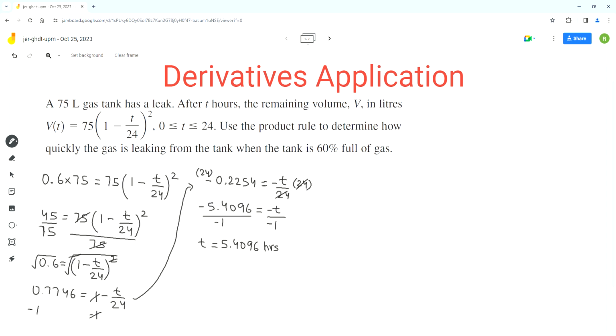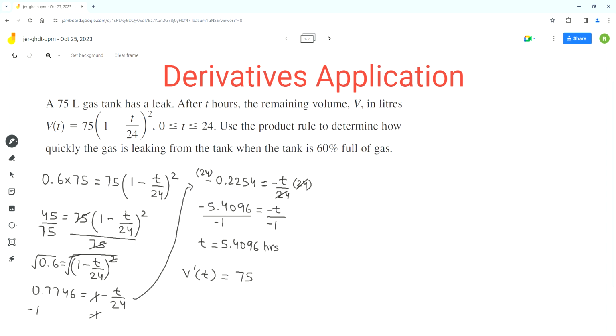Now we have to find the rate of change for V at this time t. So for that we'll have to find the derivative of the given function V of t. So we can use the prime notation. So V prime of t equals, so here we can use the power rule instead of the product rule. So the 75 is a constant that stays as it is.